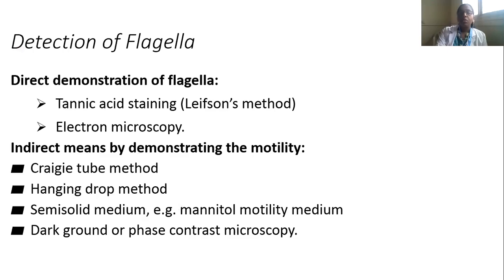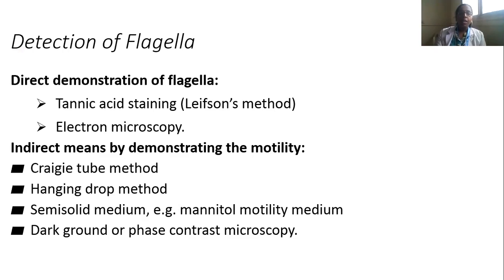How can we detect flagella? Flagella can be demonstrated with tannic acid staining or with electron microscopy. The indirect means of demonstrating motility is the Craigie's tube method, where we keep a tube within a test tube containing the motile strain.